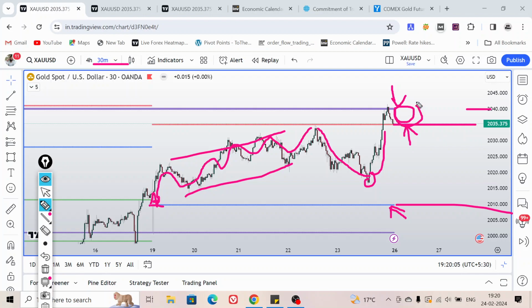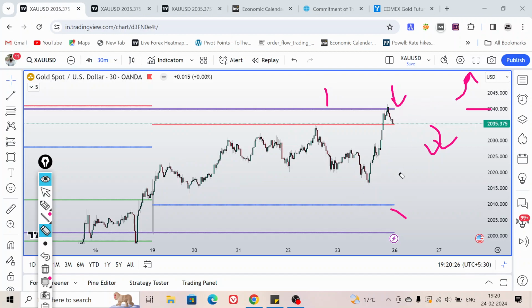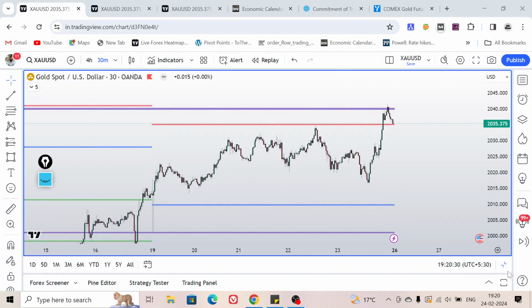So if price sustains above this weekly pivot 2040, then we can look for buy, and under 2035 if price again rejects down, then we are going to look for the sell opportunities on the intraday time frame or intraday chart.